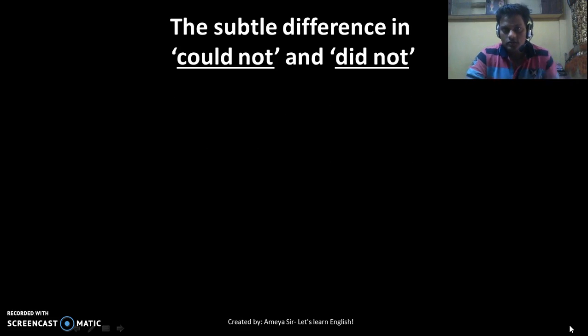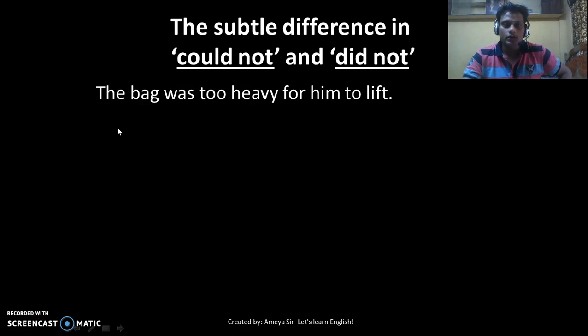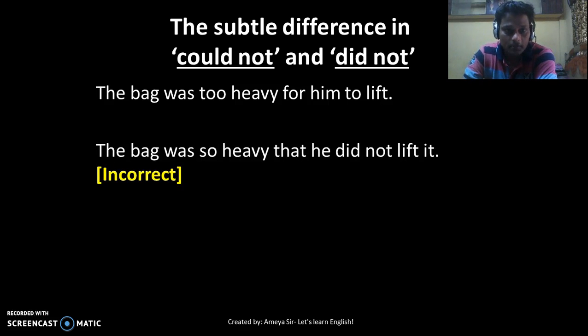Now what is the subtle difference between could not and did not? And that is something that we have to study, without which this video cannot be complete in a sense. Look at the sentence here. The bag was too heavy for him to lift. Here, if I say the bag was so heavy that he did not lift it, it would be incorrect, because it's not the question that he did not lift it.